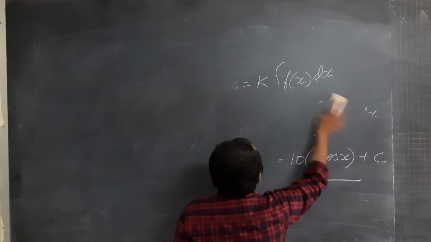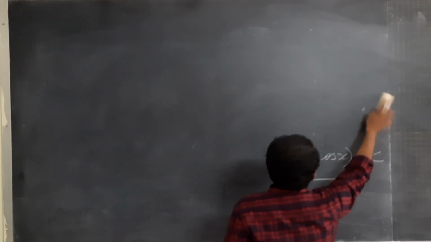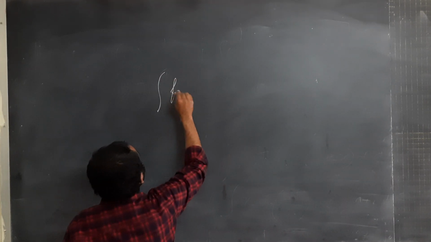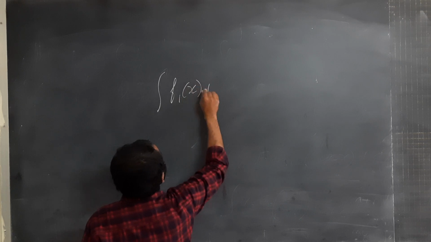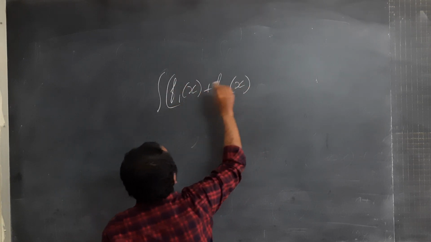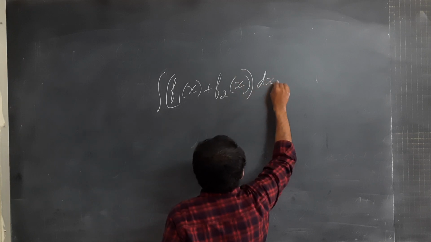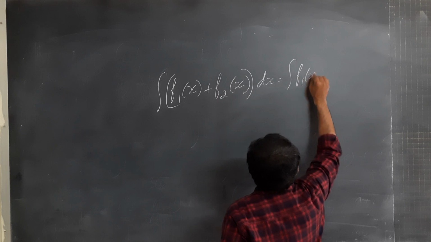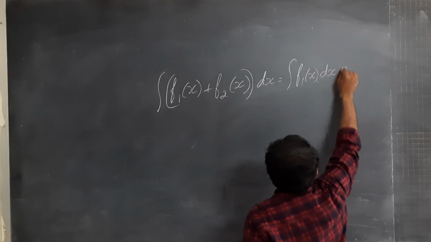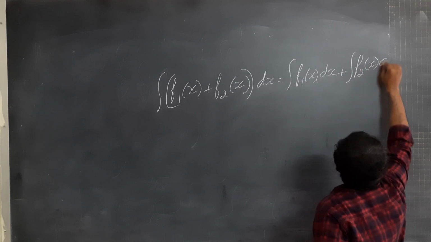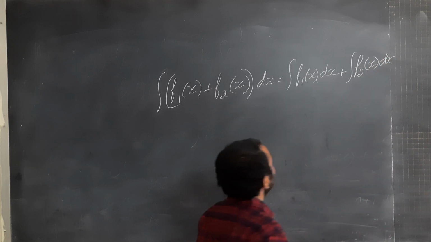Now we see the sum rule. What does it say? Integral f1 of x plus f2 of x into dx equals integral f1 of x into dx plus integral f2 of x into dx.